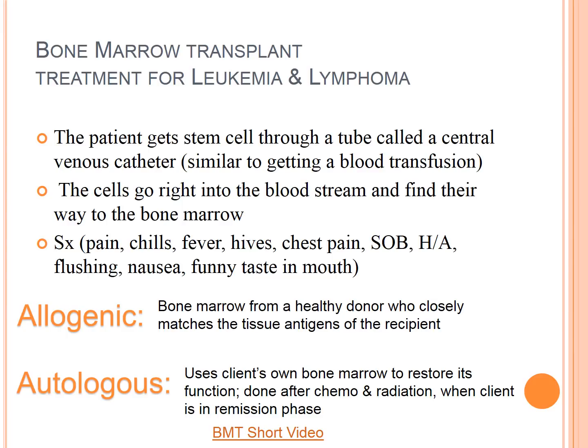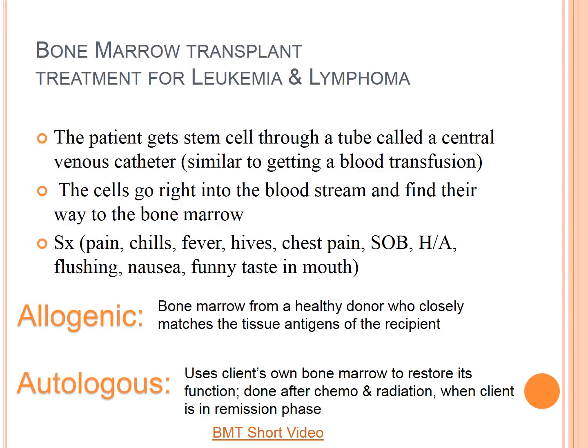When they freeze those cells, the patient will then have their chemo, their radiation, their aggressive treatment. And when they're in the remission phase, meaning they're cleared of their cancer cells, they can get their thawed stem cells.